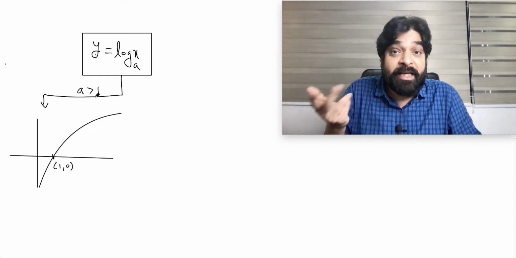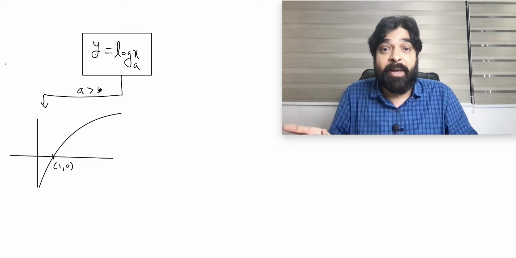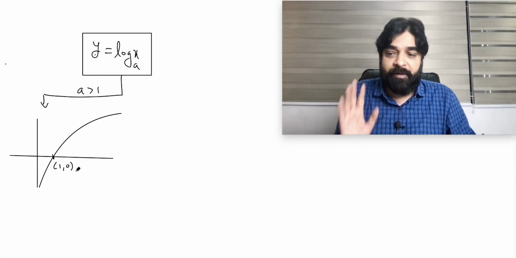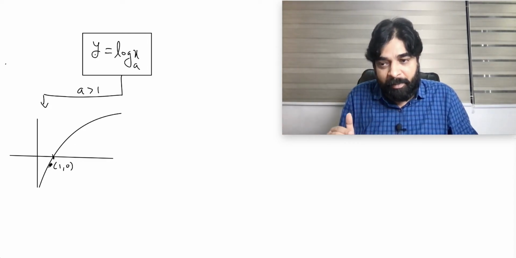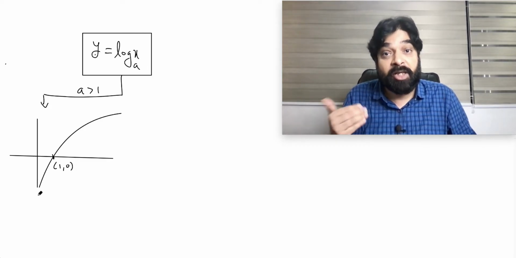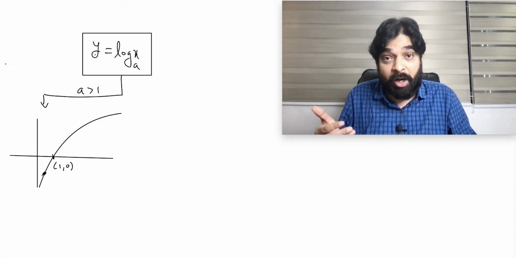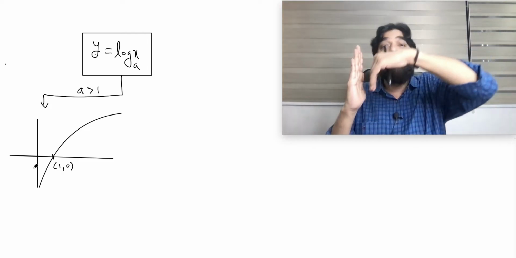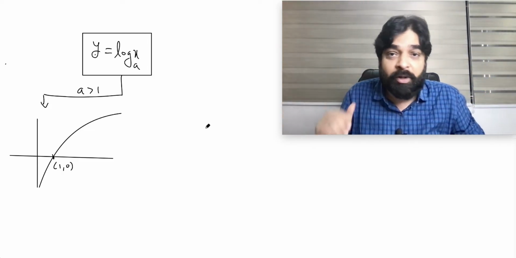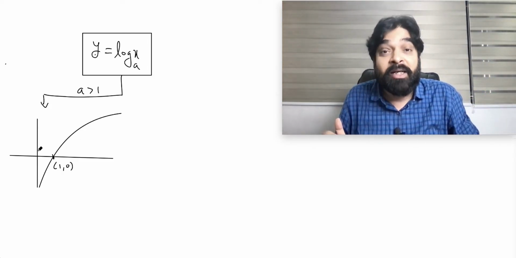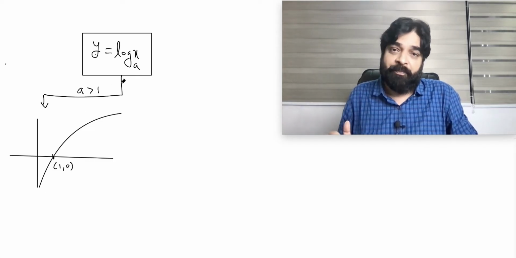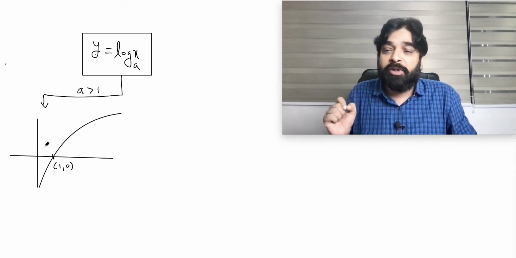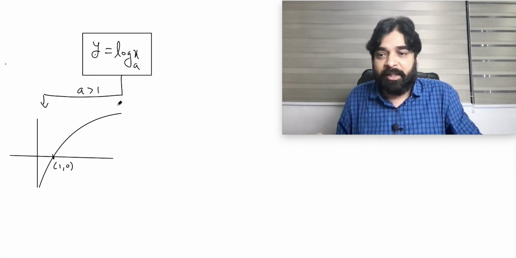It does not matter whether a is 2 or 5 or 7; a should be greater than 1. If a is greater than 1, the graph will be like this. Remember, this will never intersect or touch the y-axis. It will keep on going down, trying to overlap the y-axis, but it is never able to overlap. So this is called the asymptote of this curve. The asymptote of log is the y-axis. Only one asymptote is there.